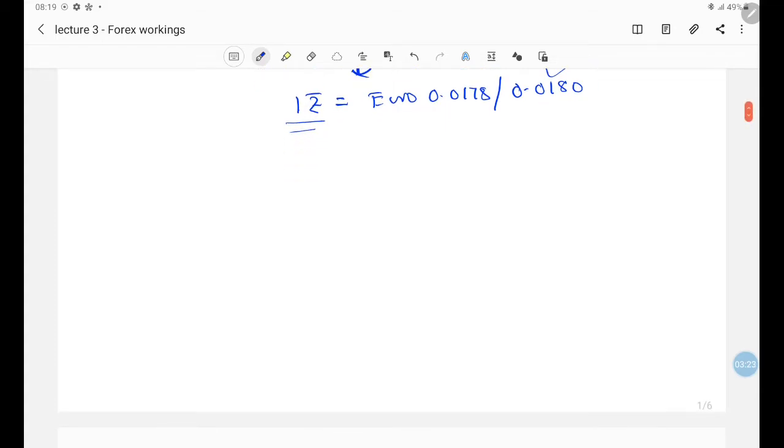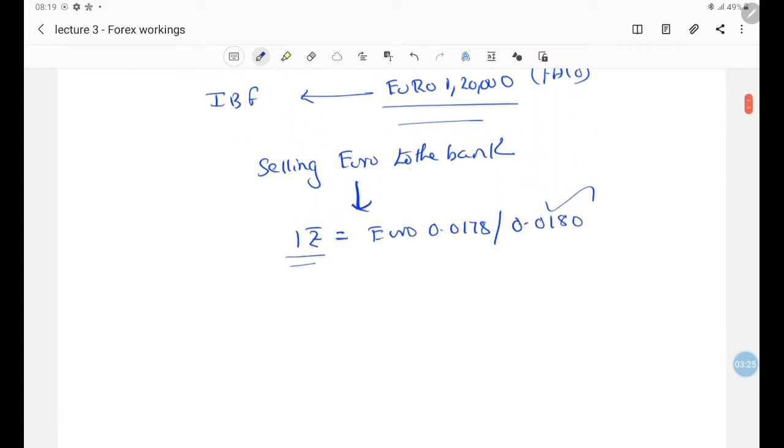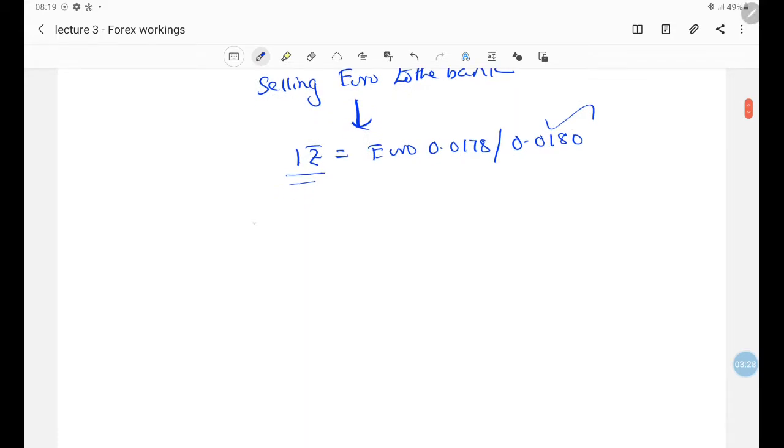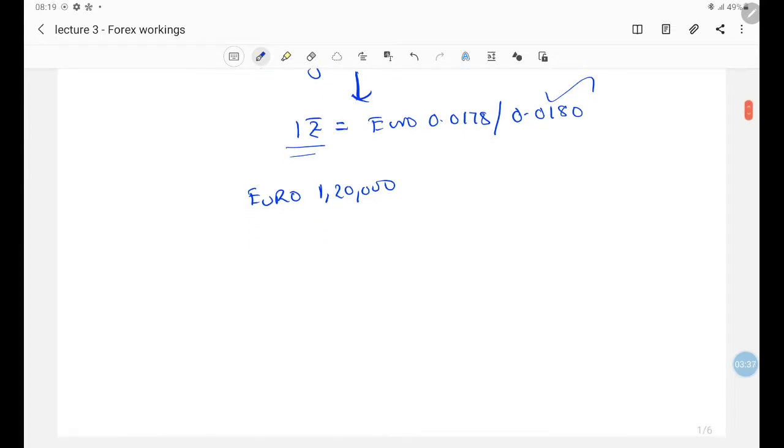So we have euro in our hands, 1,20,000, and we can convert this into the rupee that we require. Now here we have to divide because it is an indirect code, right? So 1,20,000 divided by 0.0180.